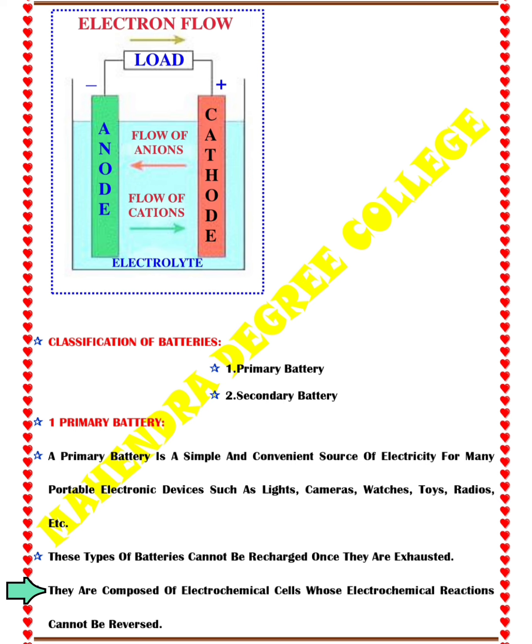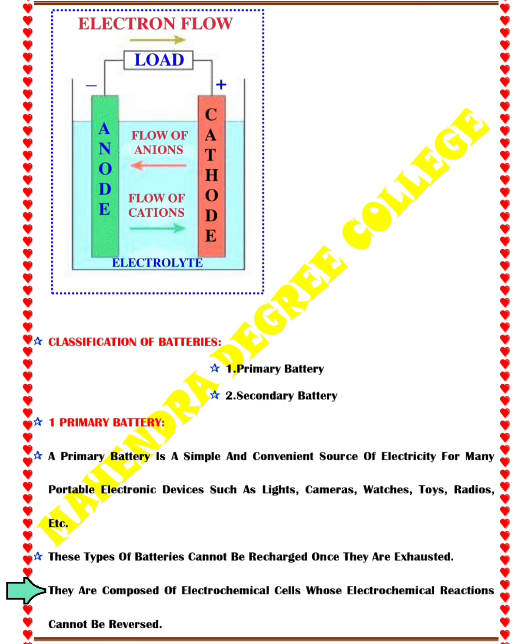A battery is made up of one or more electrochemical cells that generate electricity through chemical reactions, whose electrochemical reactions cannot be reversed.